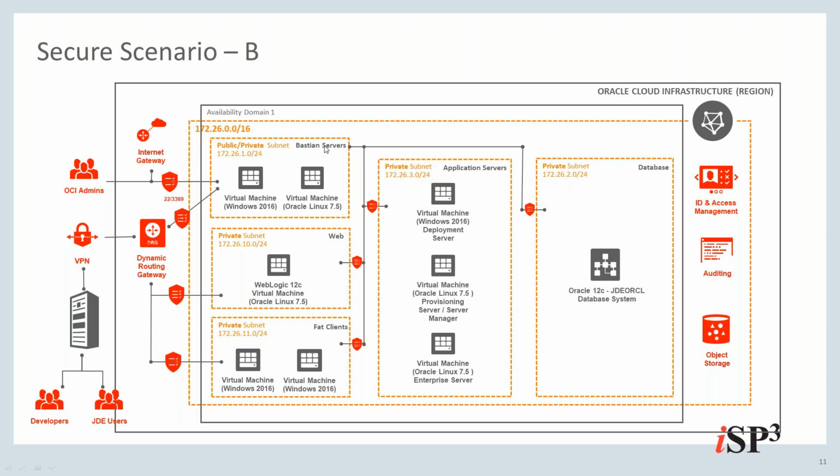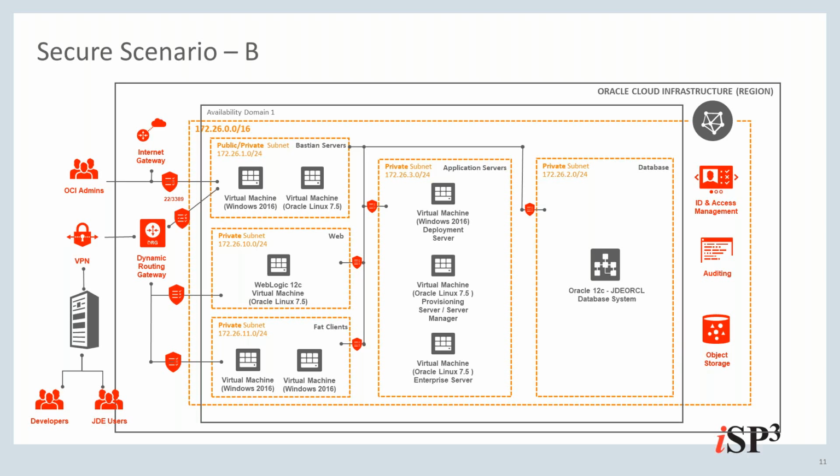The Bastion subnet, you have a choice whether you keep it as a public subnet or a private subnet. Using it as a public network enables anybody, an OCI admin or a JD Edwards admin, to come into the Oracle Cloud. I would say it's kind of a backdoor to your own cloud instance.